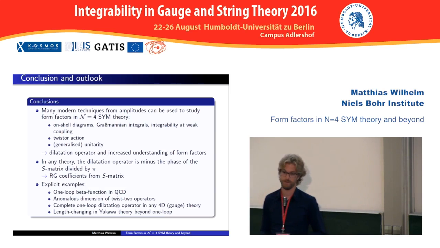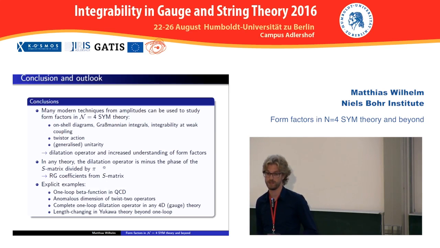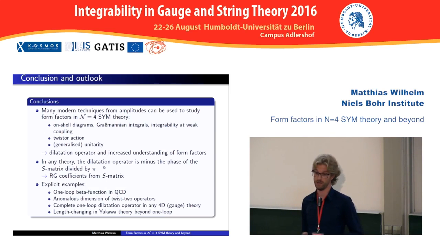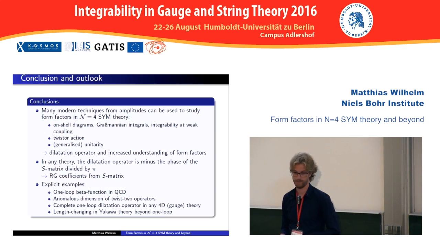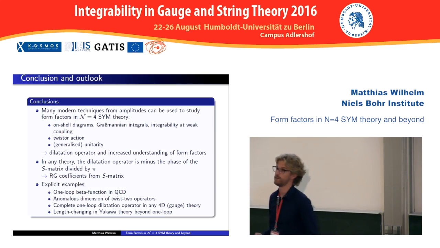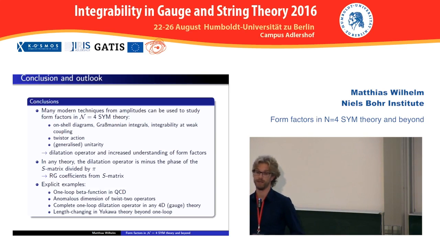In the second half of this talk, I have demonstrated that in any theory, the dilatation operator is minus the phase of the S matrix divided by pi. Thus, we can obtain renormalization group equations like beta functions and anomalous dimensions from the S matrix. I've shown you how this works in several concrete applications.